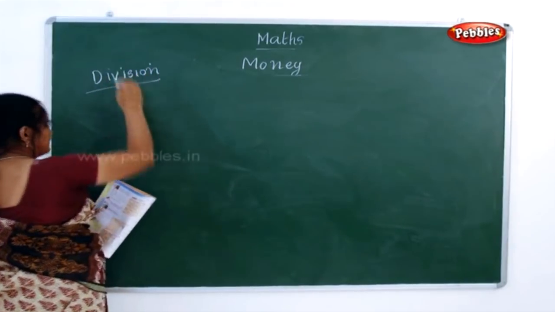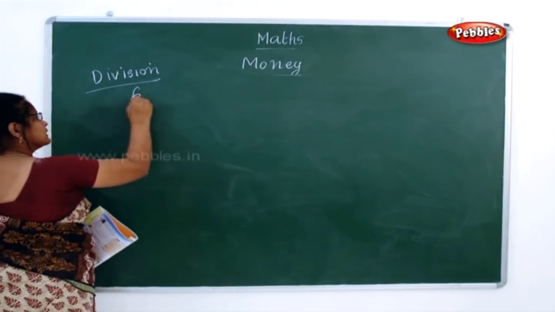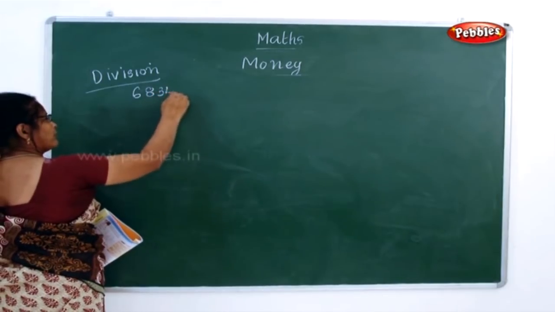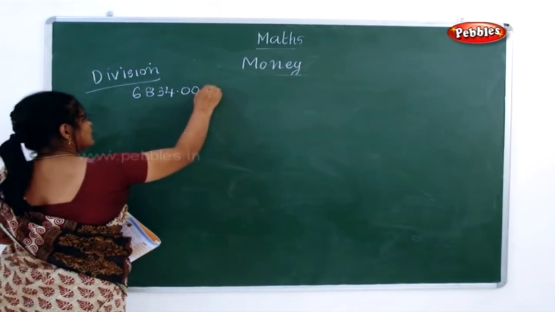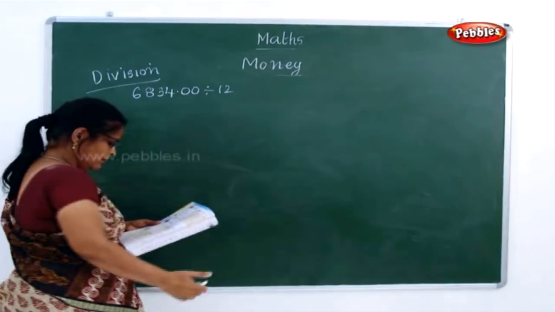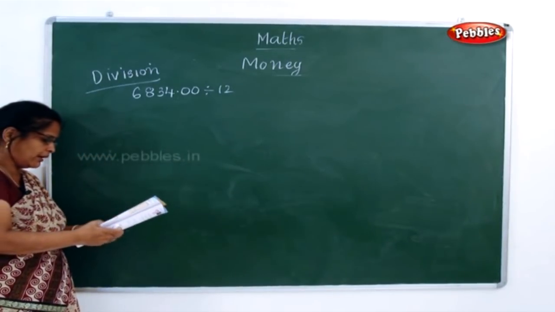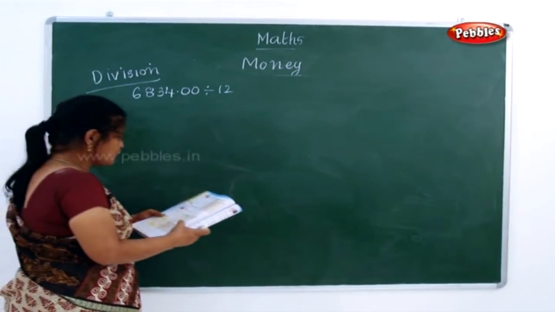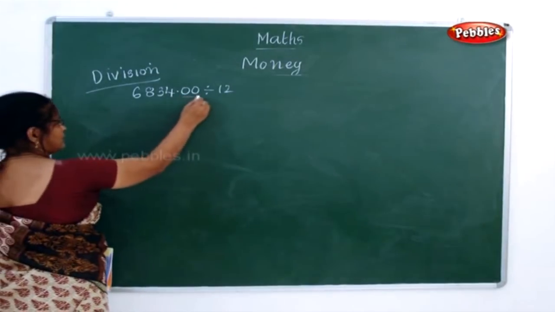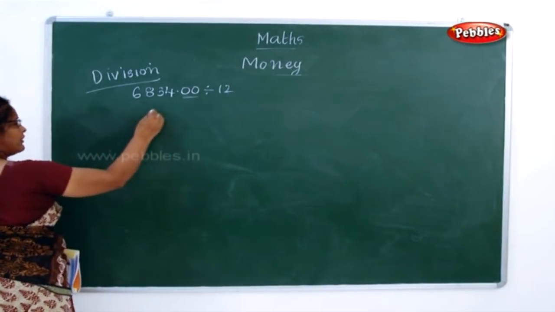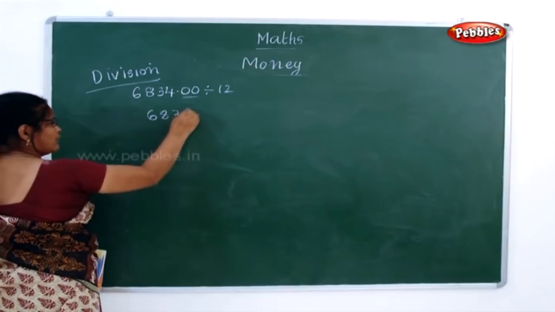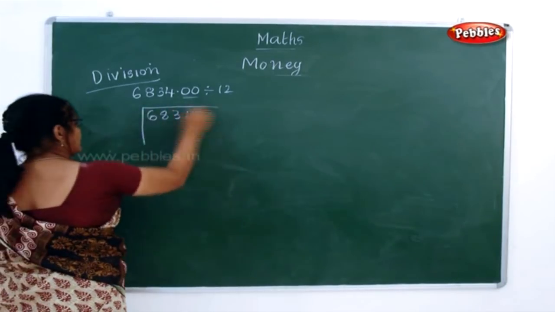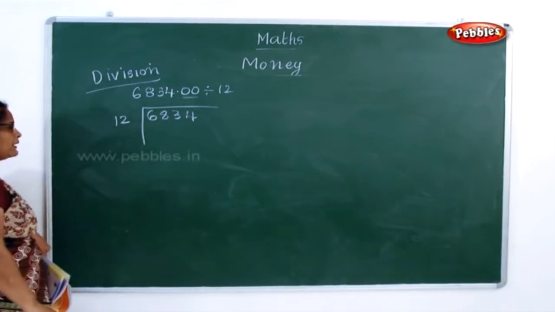This is just simple division you are doing. 6834.00 divided by 12. Is it clear? 6834 divided by 12. Now what you have to do is you take this, because nothing is here paisa. Now you can just straight away take 6834 divided by 12. You have to divide it by 12.